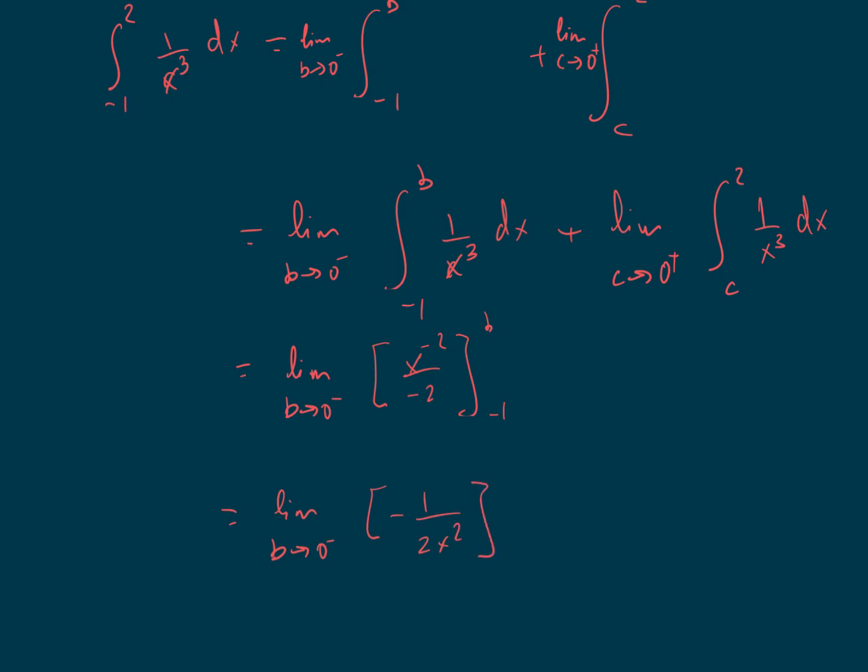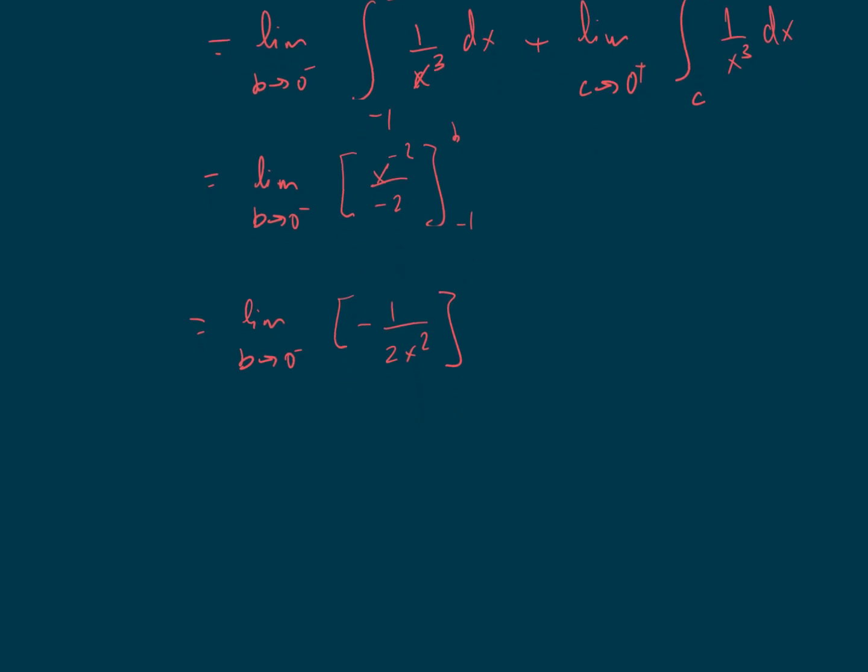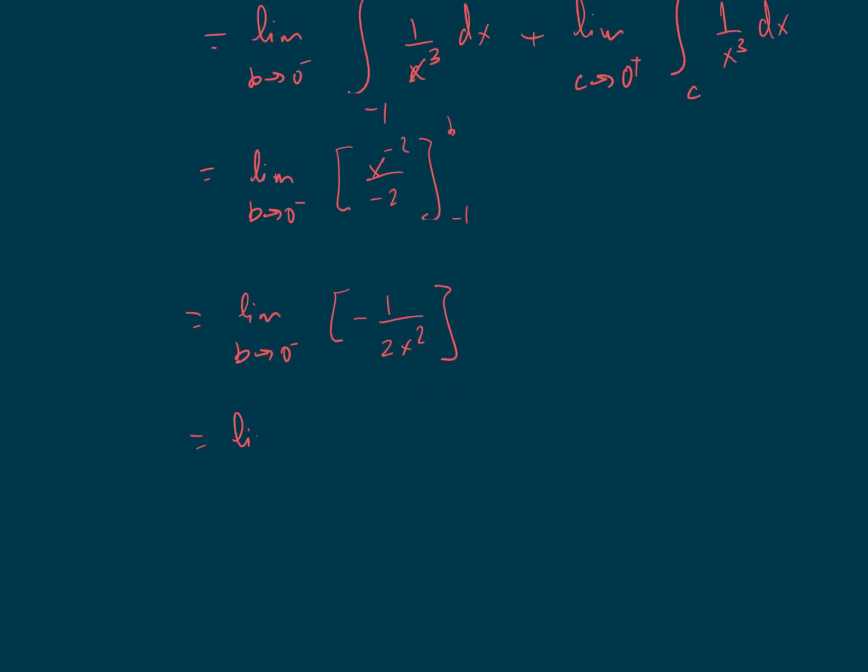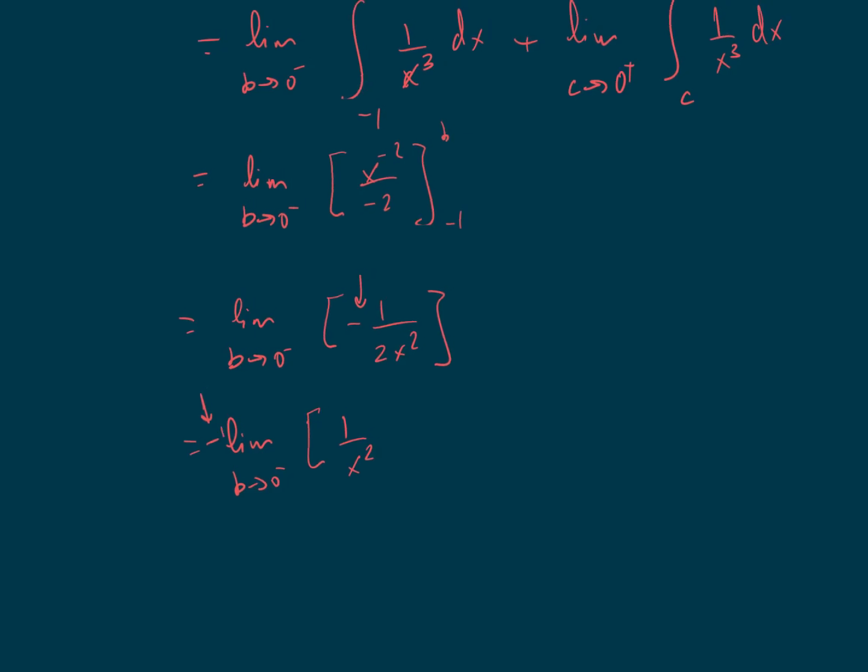So it is the limit when v goes to 0 minus of minus 1 half, times 1 divided by x squared, between minus 1 and v.